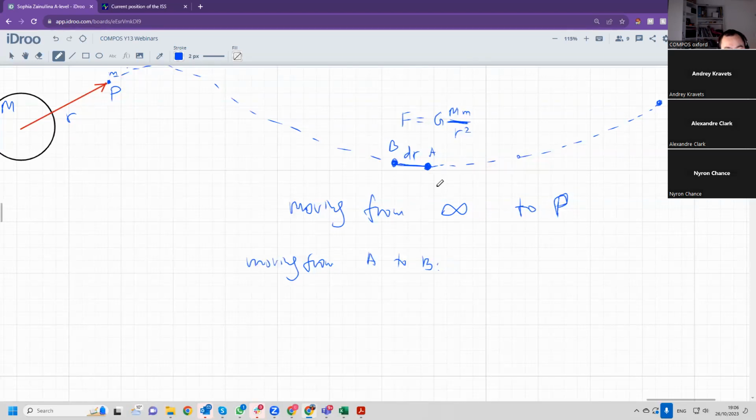Now this is the part that I always get wrong. r is the distance. So r is the distance to here, r.